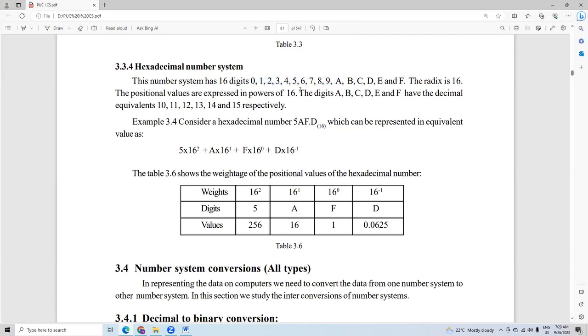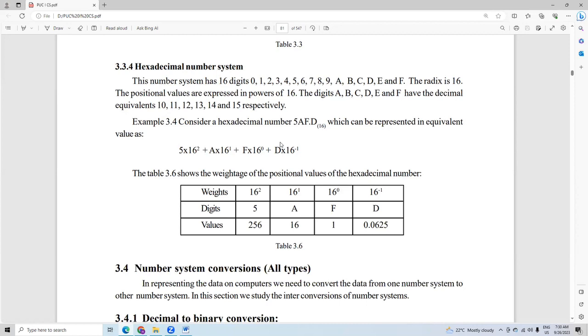From 10 to 15, that is 10, 11, 12, 13, 14, 15, six digits are represented by alphabetical letters: A, B, C, D, E, F. That means the letter A represents 10, B represents 11, C represents 12, and so on up to F. F represents the last number, 15.